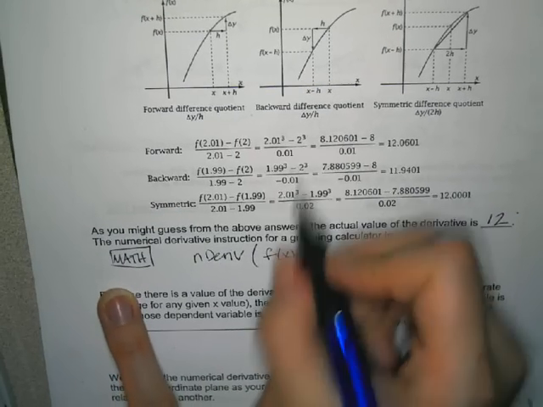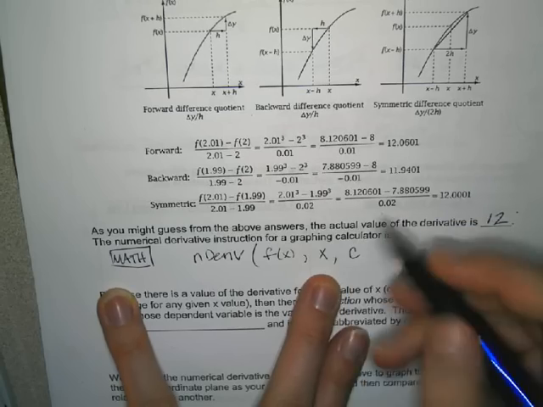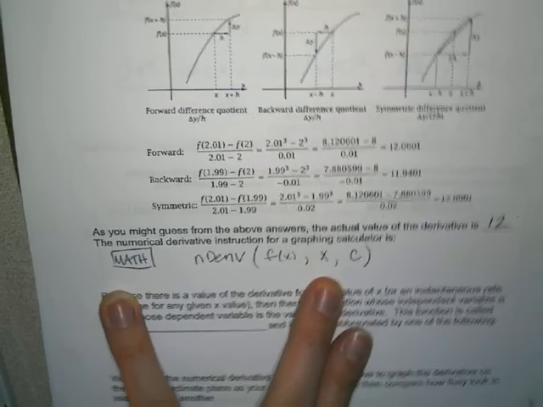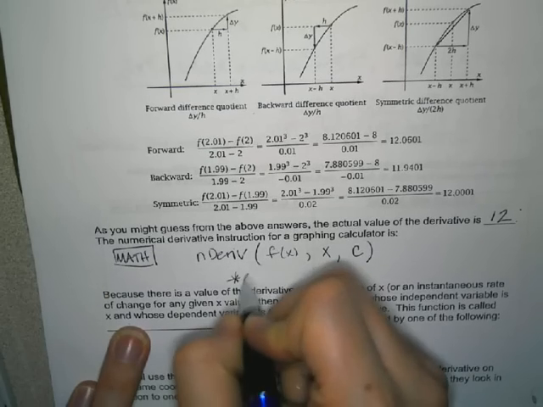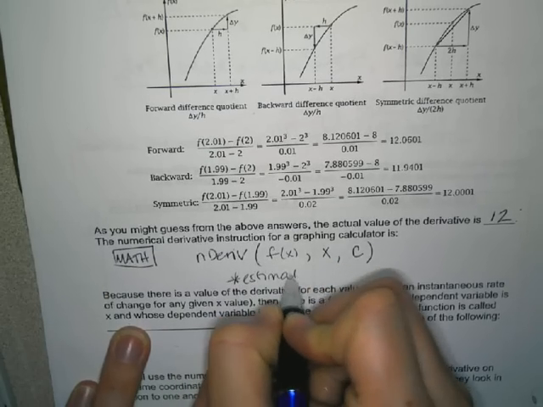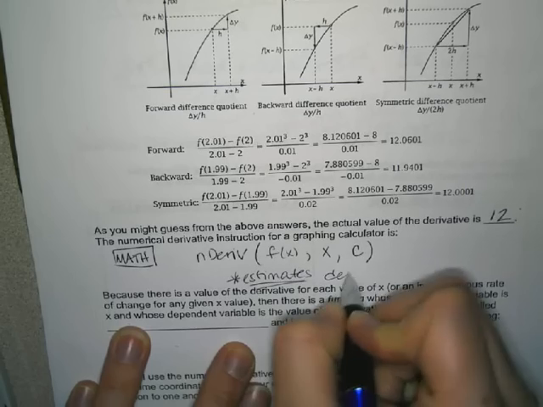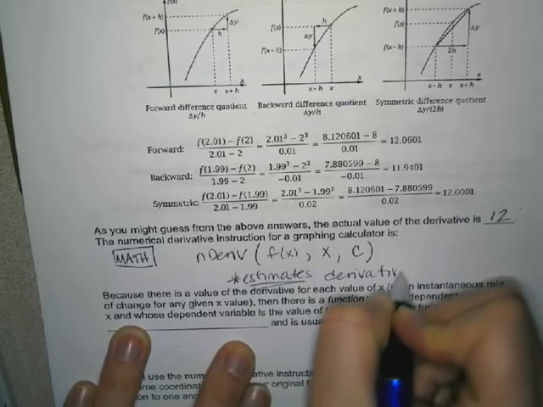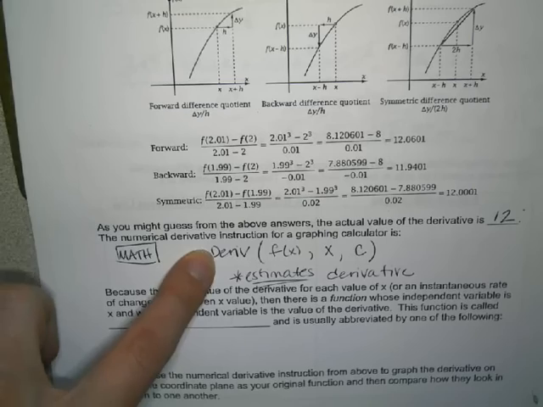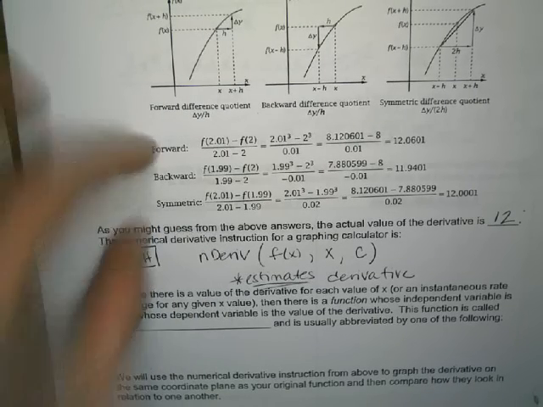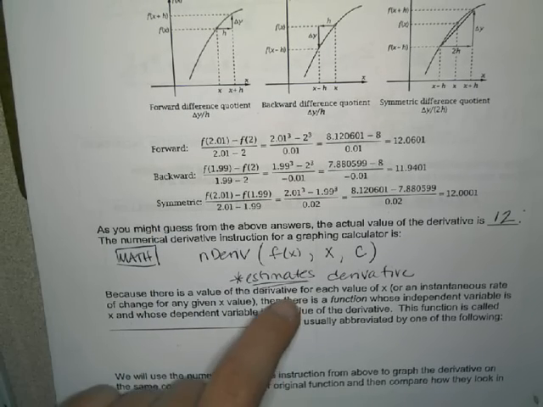Like up here it would have been at 2 that we want to find the value of the derivative. This estimates the derivative. Again, this function on your calculator does this for you, so you don't have to do it all over.